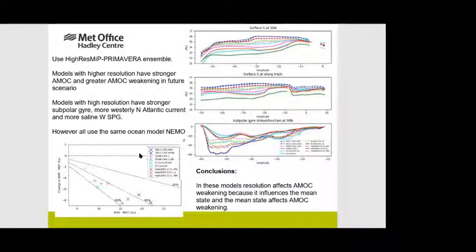I've got one more question, and then I think we're done. The differences you see in, for example, the subpolar gyre circulation and even the salinity structure in the Labrador Sea area: is there any way to constrain any of this with observations to discriminate if one model is more realistic? That's a good question.